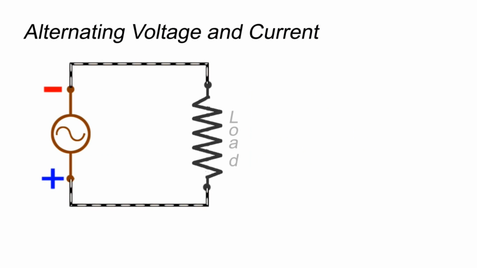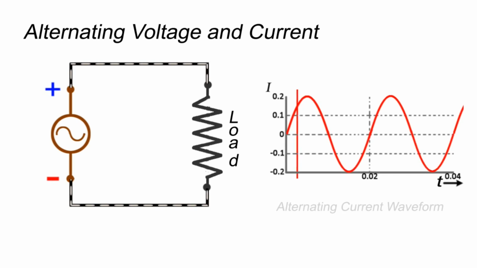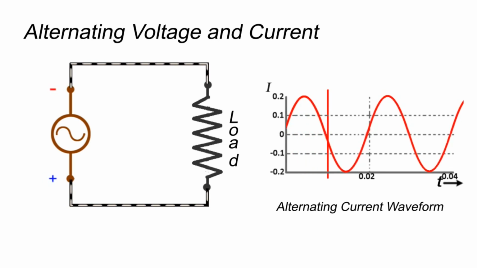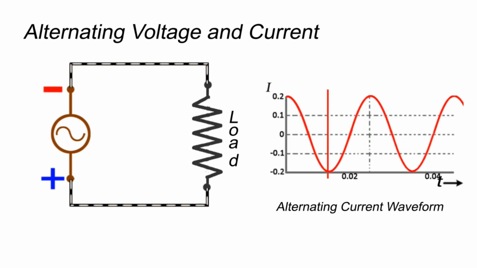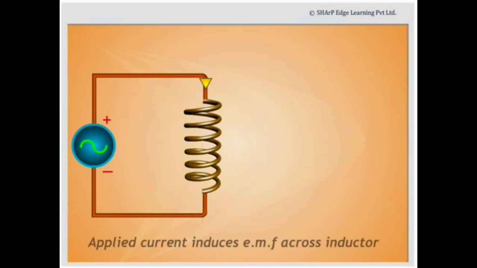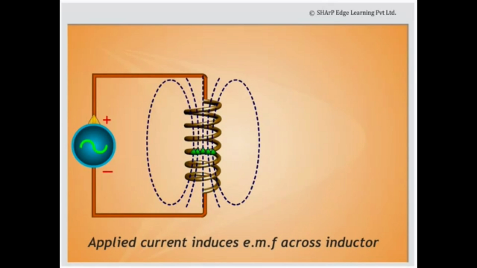But from the last video, we know that an AC generator produces a variable voltage and current. That is, both the voltage and the current change over time. Since the current is varying with time, that means the generated magnetic field will vary with time as well.